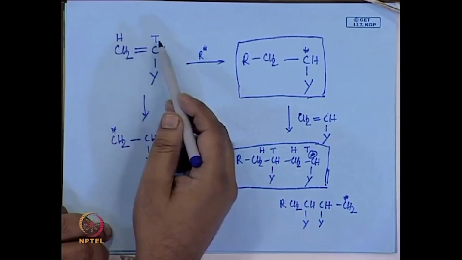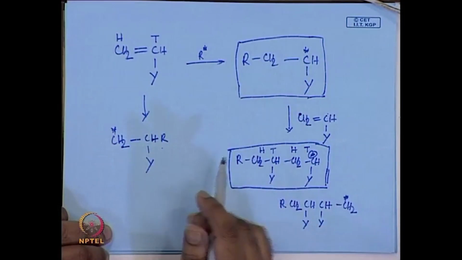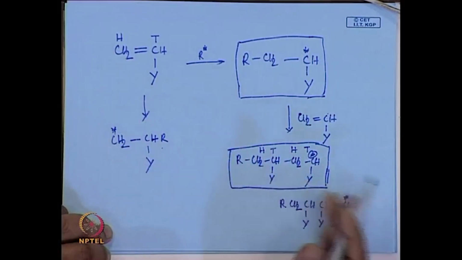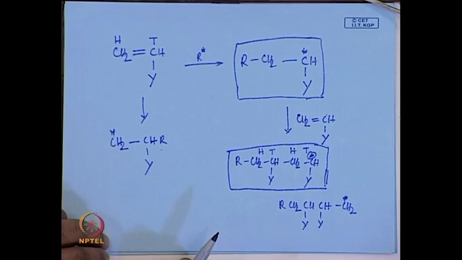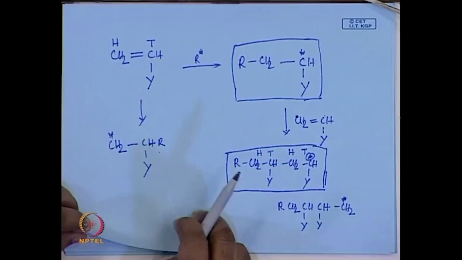Whether it is a head or tail does not matter, you can have a tail-head arrangement as well, but it is basically an alternate head-tail type arrangement of the monomers in the polymer structure. This is because of both electronic and steric reasons.